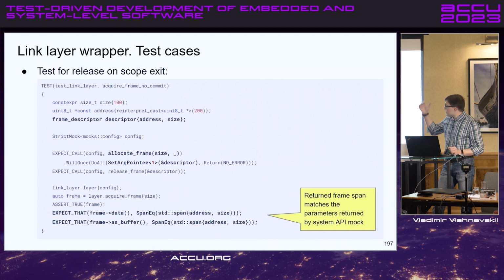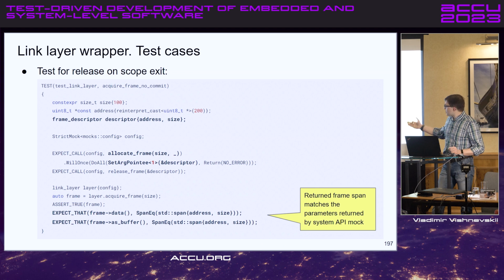Here we specify that the frame returned in the test implementation from the platform is supposed to be properly forwarded into the wrapper object. We check that those parameters really fit, because we do not access the low-level values that were returned, but we already use the high-level API, and we just make sure they are correct.